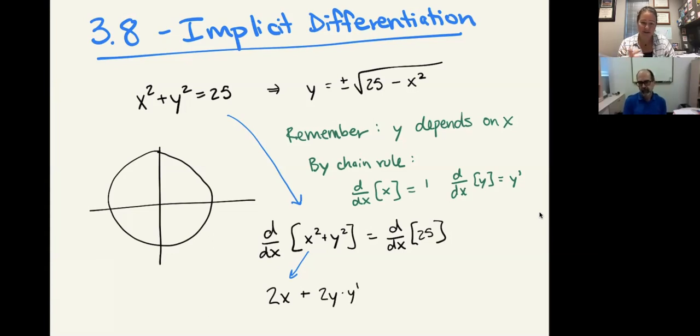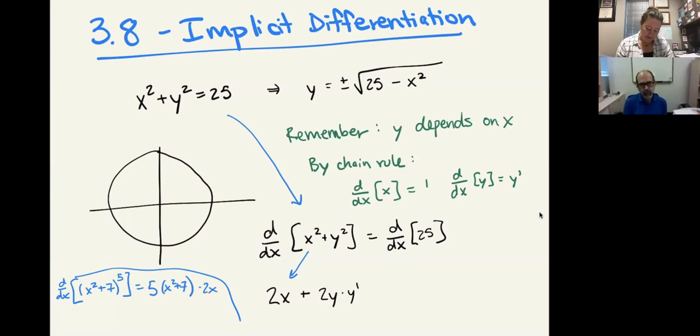Let me do a little side note here. That's kind of like the chain rule. If I had x squared plus 7, all to the 5th, and I took the derivative by the chain rule, I get 5 times x squared plus 7, to the 4th power. And then I would have to take the derivative of what's inside, and the derivative of x squared plus 7 would be 2x.